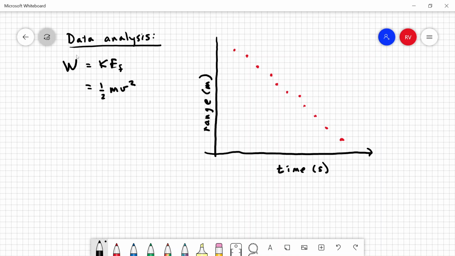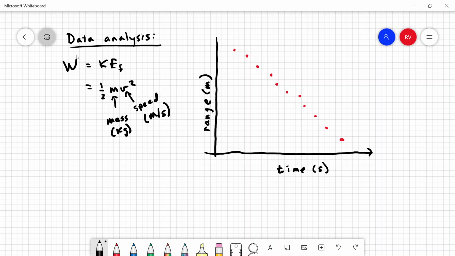Which means that if I can measure the mass of the object and the speed of the object, so again, the mass, which we will want in kilograms, and the speed, whose unit is meters per second, I can calculate the final kinetic energy of the object.